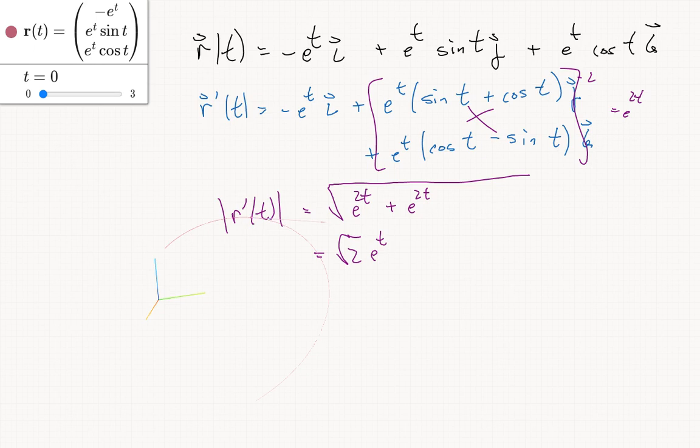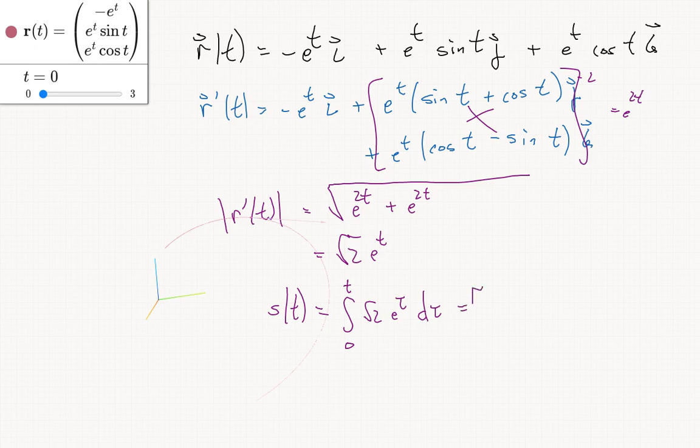So now we can get an expression for s. So s of t is the integral from 0 to t of root 2 e to the tau d tau.